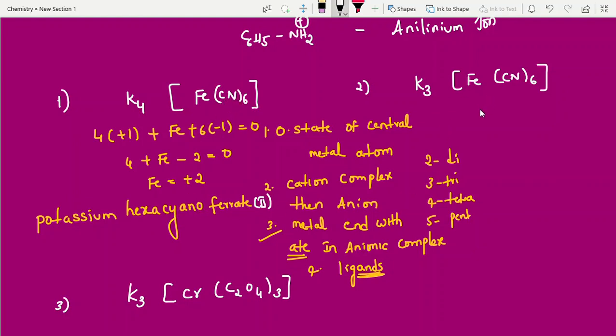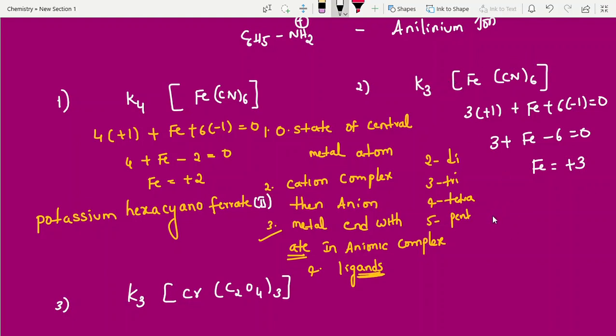Okay, now come back to this one. What is the oxidation state? Calculate: 3 into plus ion, 6 into -1 equal to 0. So 3 plus ion minus 6 equal to 0, then ion equal to +3, the oxidation state. Here +2, here +3. This is ferrate 2, this is ferrate 3. This is cationic complex, this is anionic complex.